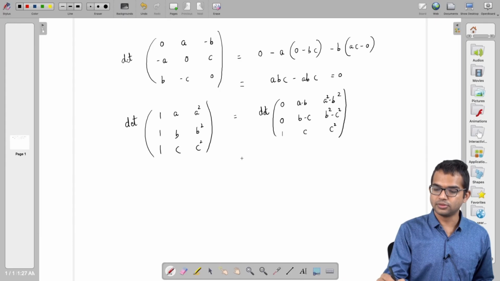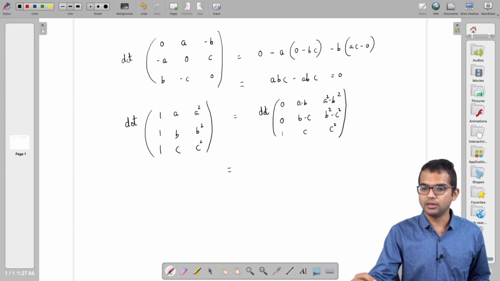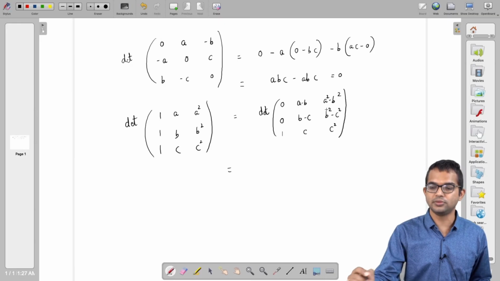So I see that in the first row there is a common factor A minus B that I can pull out, and in the second row I have a common factor B minus C which I can pull out.